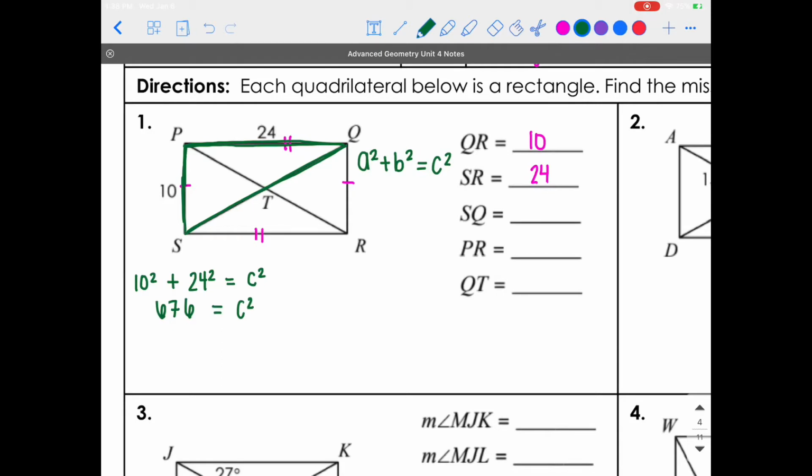And then if you take the square root of 676, you get 26. So SQ is 26, which means that each of these are 13. And these are also 13, because 13 and 13 make 26. PR is 26, and QT is 13.